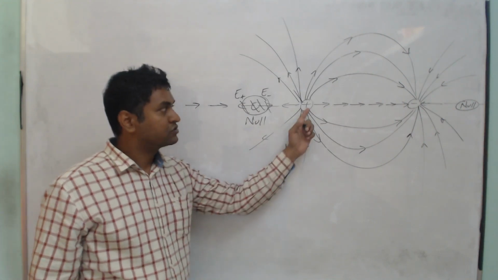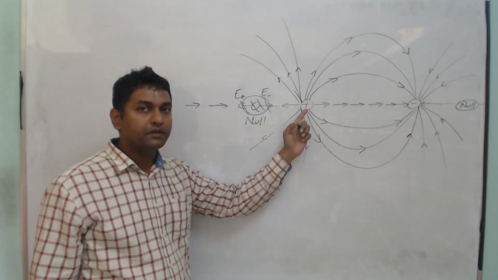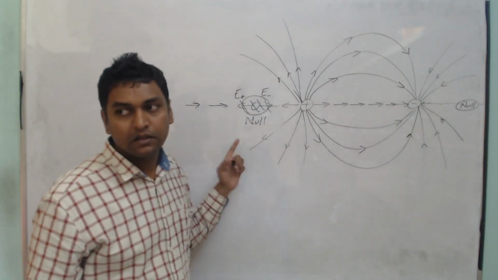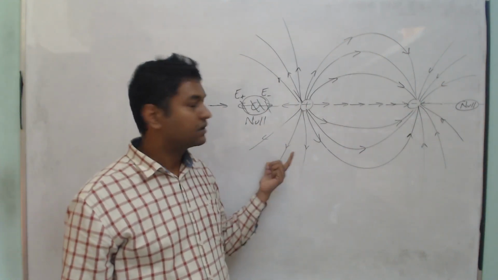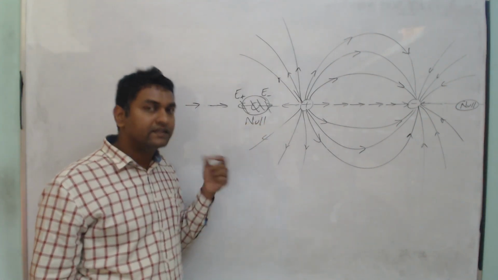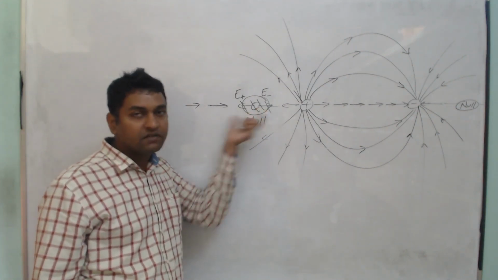Suppose you have 1 million coulomb over here and 1 coulomb over here. So that's why I am saying depending on the magnitude, there is a chance to get a null region somewhere.